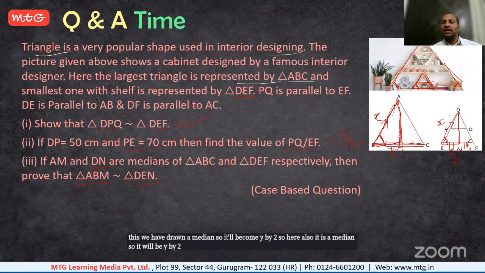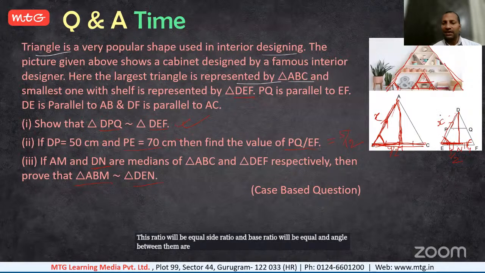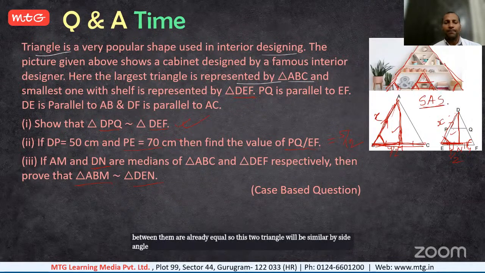So the side ratio and base ratio will be equal, and the angle between them is already equal. So these two triangles will be similar by the side angle side criteria.